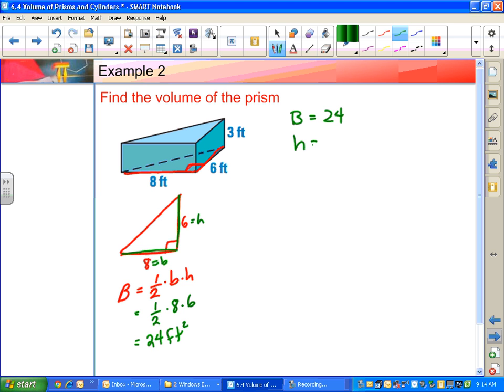The height is 3. So the volume will be found by multiplying the area of the base times the height. So that will be 24 times 3, and 24 times 3 is equal to 72. And again, the units here would be cubic feet.